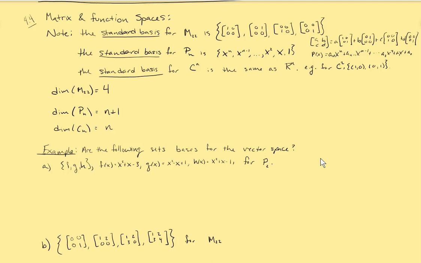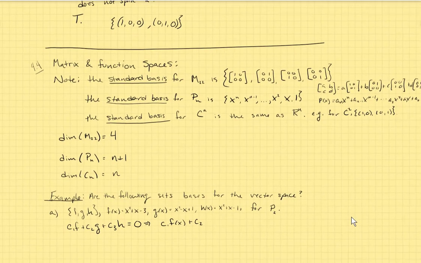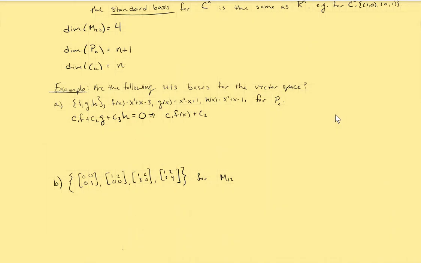I'm going to write down a linear combination of these 3 and set that equal to the 0 vector, the 0 function. So really what I'm saying is that for any x, c1 times f of x plus c2 times g of x plus c3 times h of x has to equal 0.